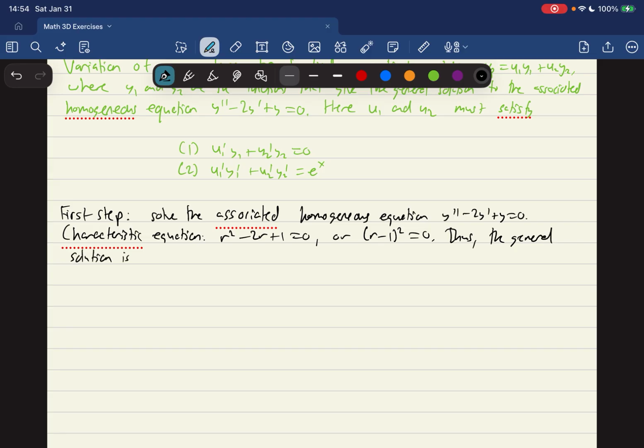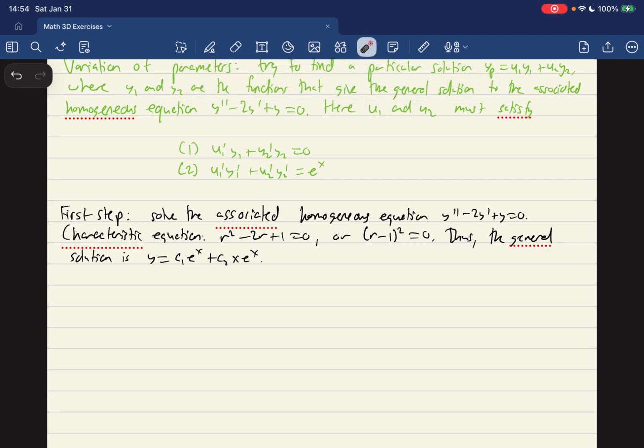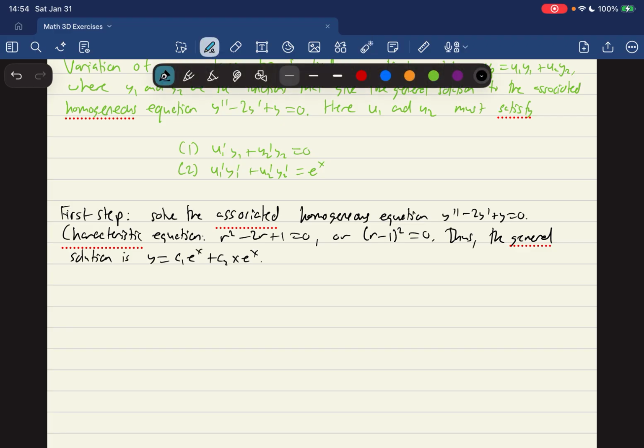is y equals c1 e to the x plus c2 x e to the x. And this is the general solution for the homogeneous equation. And I think it's probably good to clarify that here, because this is not the general solution for our original ODE.